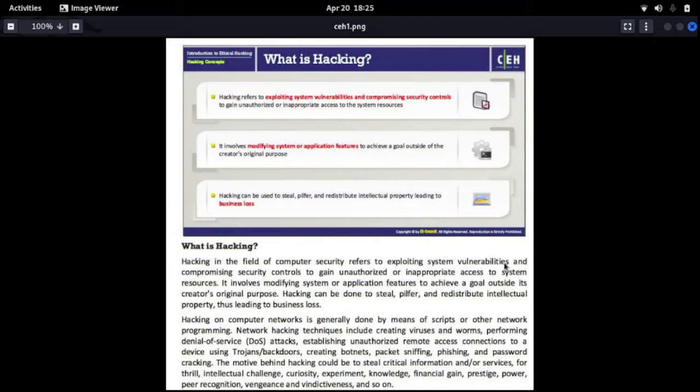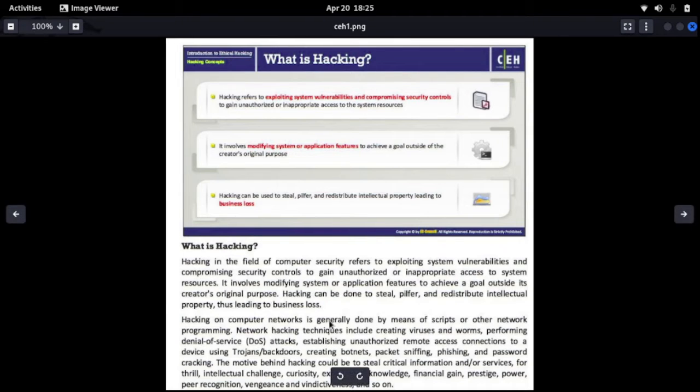So that is what it means generally on hacking. Exploiting is a process which we are going to show you in the course of this training, so you understand better what that means. So taking advantage of the security loophole in order to gain unauthorized access to that computer is known as what? Is known as hacking.